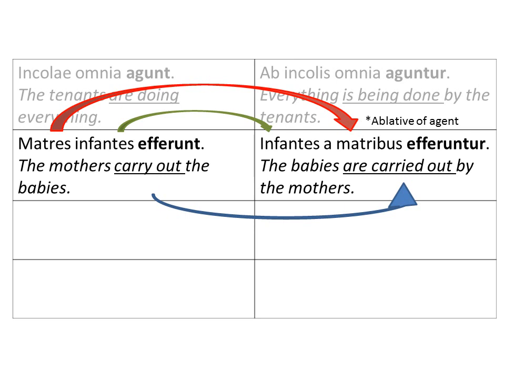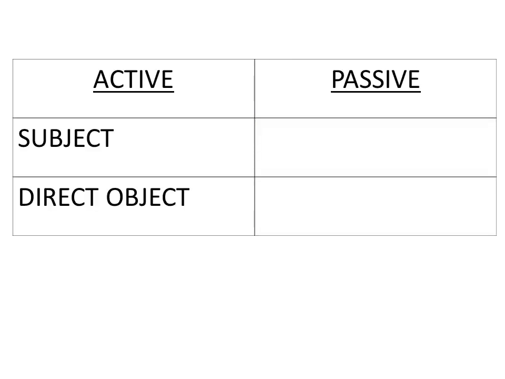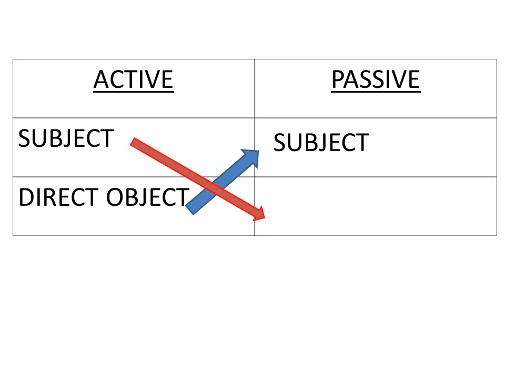So we see where a direct object in an active sentence becomes the subject in a passive sentence. Another switch. And that gives us a basic dichotomy like this: active and passive, subject, direct object. A direct object in an active sentence becomes the subject of a passive sentence, and the subject of an active sentence becomes the ablative of agent in a passive sentence.